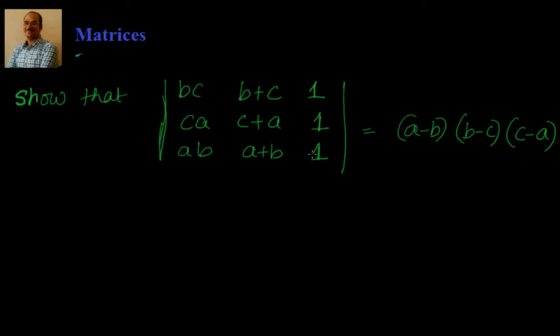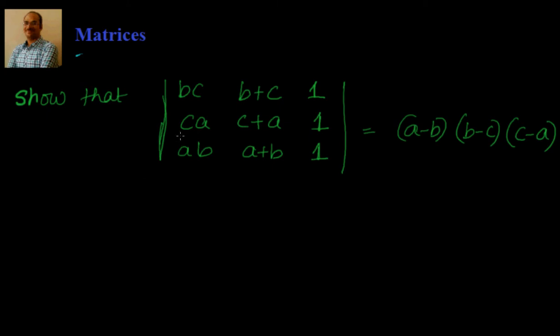So can I make some zeros out of this 1 1 1? If I go to that particular column, then I will have only one term to evaluate. For that we will use a property: any row can be written as addition or subtraction of another row.